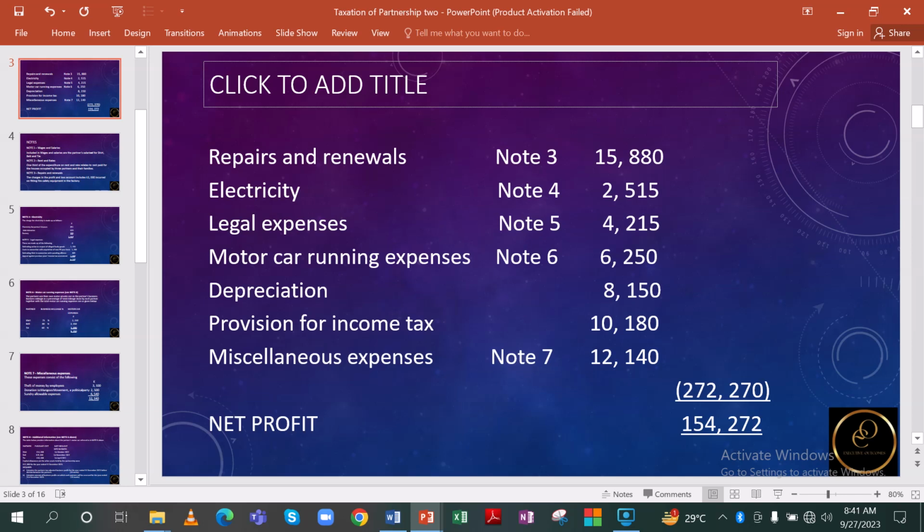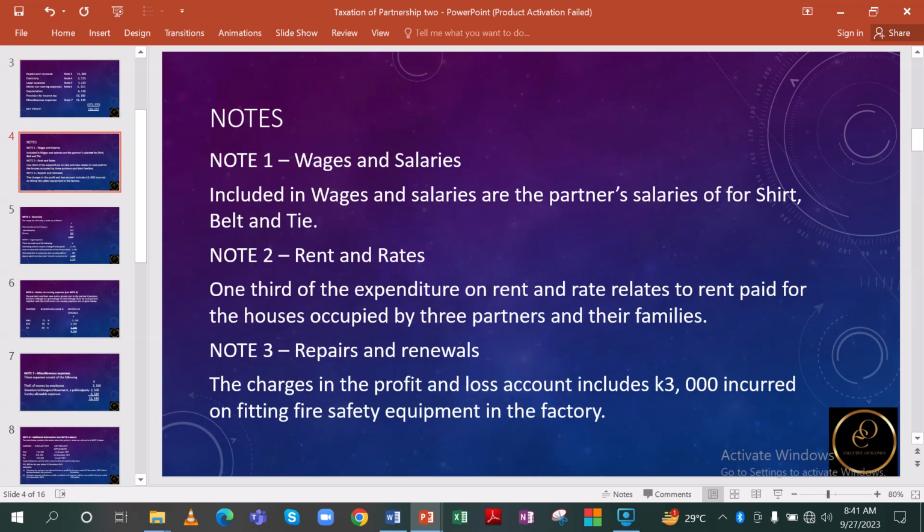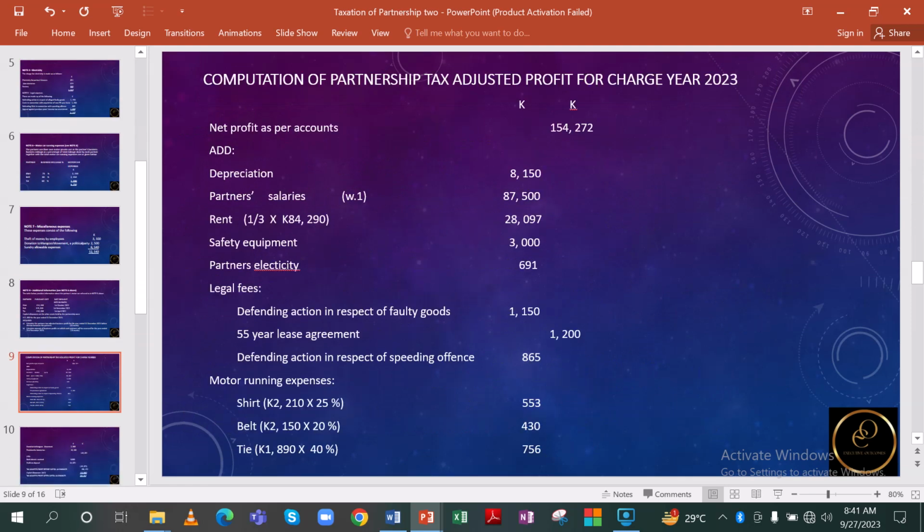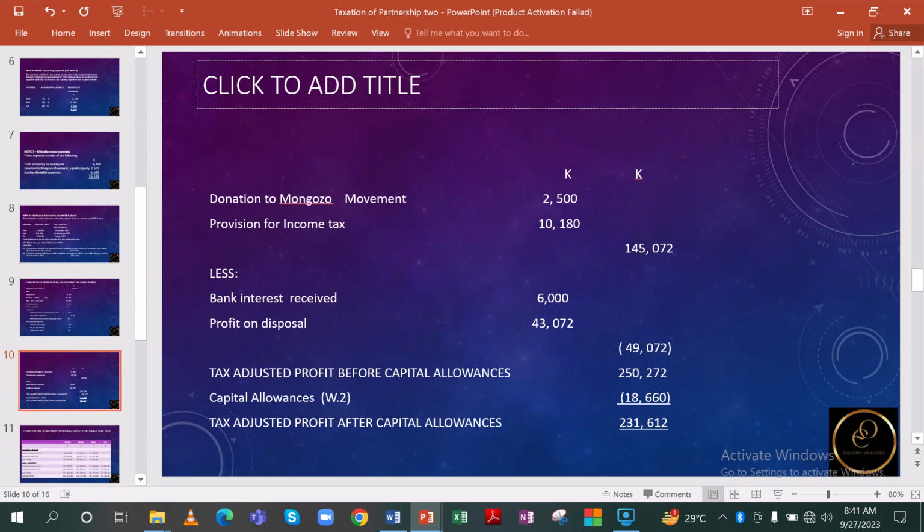Just like before, we take note that provision for income tax expense is not an allowable deduction, so it is added back. We see provision for income tax 10,180 added back in this regard.